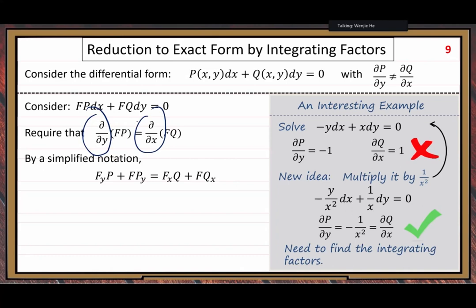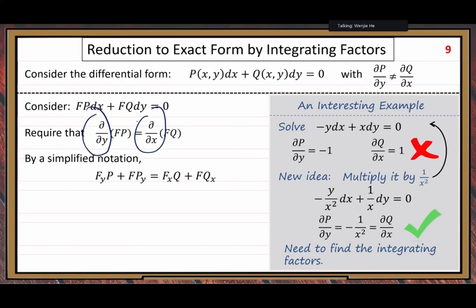Now, you can see there are 4 terms. Each term is a product of 2 functions. P function is known. Q function is known.